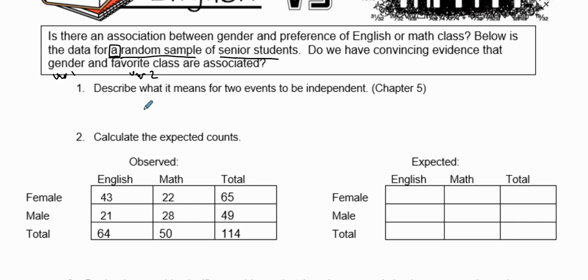Now, if you recall, what does independent mean? If we have two events, A and B, the probability of A times the probability of B will equal the probability of A and B. Essentially, the probability of A equals the probability of A and B happening divided by the probability of B, which means the probability of A equals the probability of A given B. So there is no difference: if B were to happen, the probability of A would be the same.